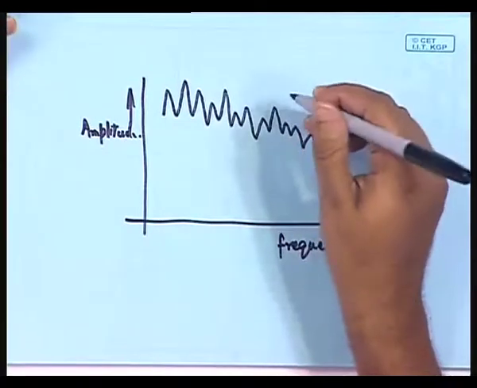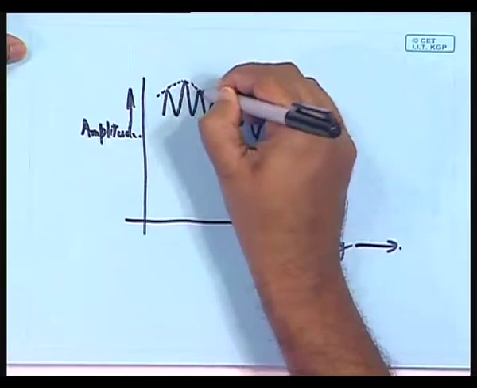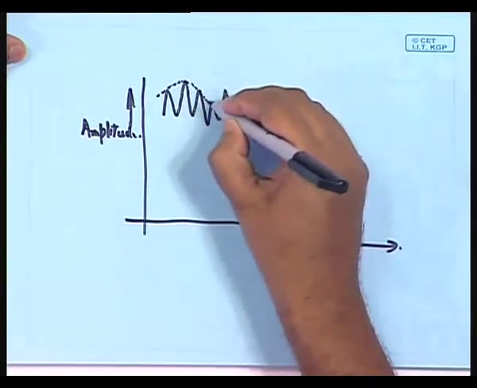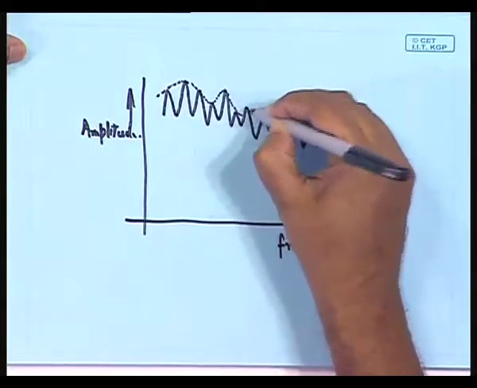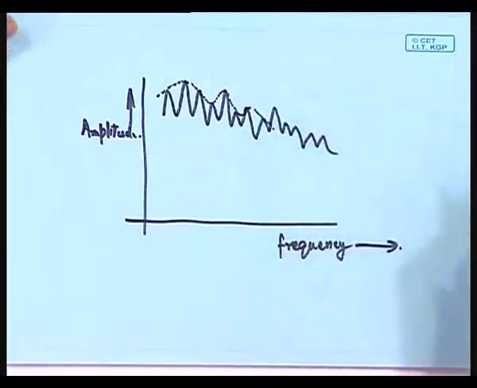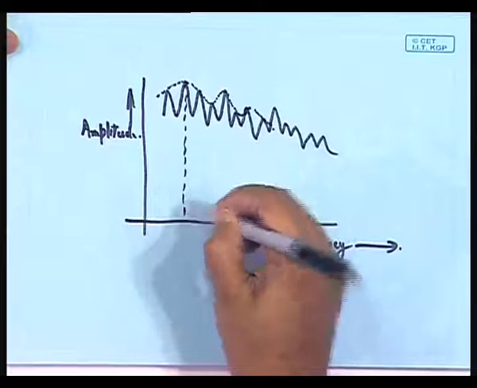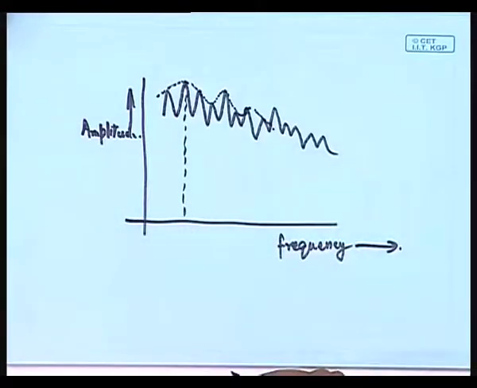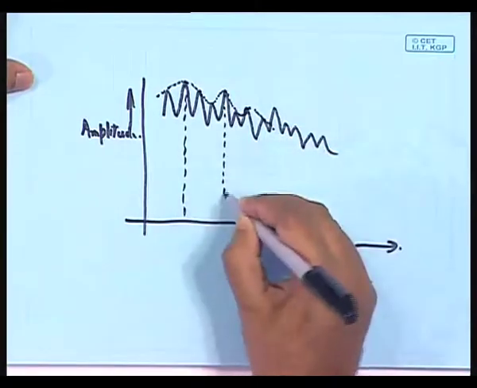So we will have something like this. You can see that here we have an envelope, here we have a different envelope, and there is a peak in this envelope, and again another peak over here.